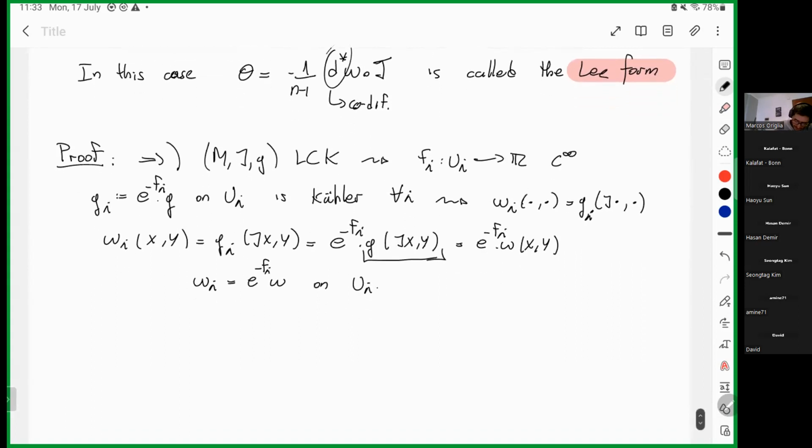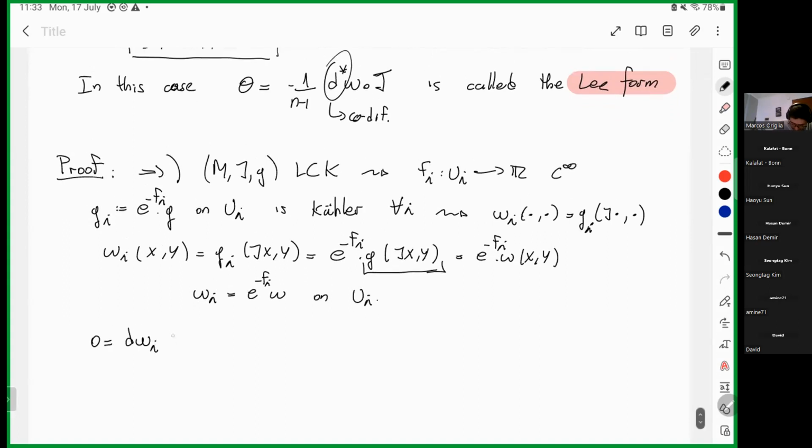And as I said, the local metric is Kähler, which means that this 2 form is closed, but we can compute the derivative of this omega_i. It's just the derivative of the first part, times omega, plus the first part times d omega, right?